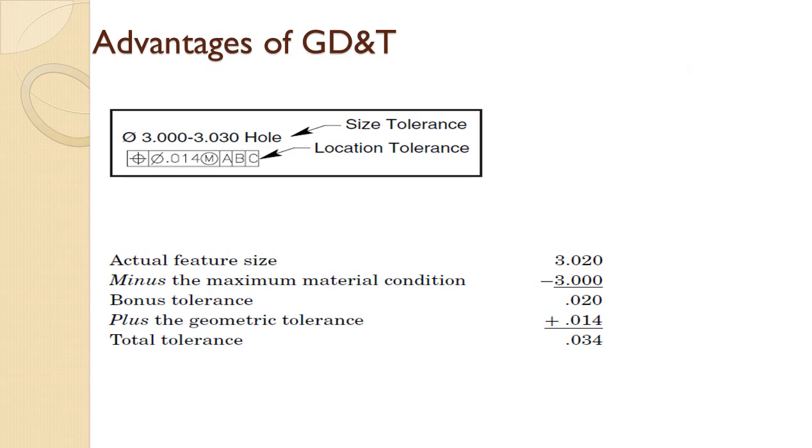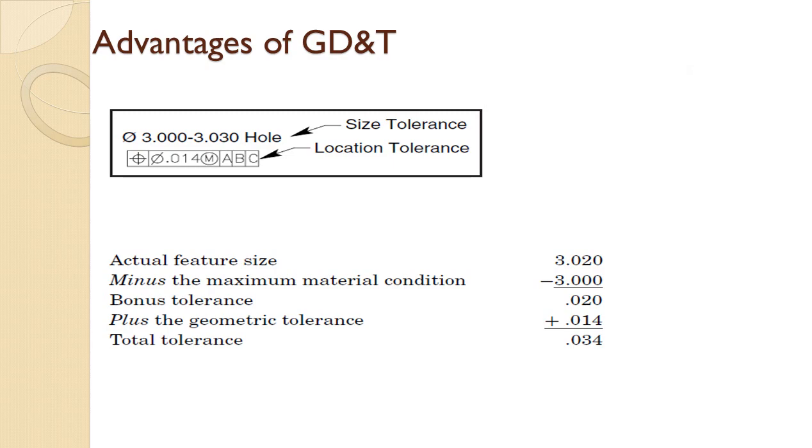Let's consider the actual manufactured size of the hole is 3.020. The hole size at maximum material condition is 3. So, we get 0.020 bonus tolerance. The geometric tolerance is 0.014. So, the total tolerance is 0.034.